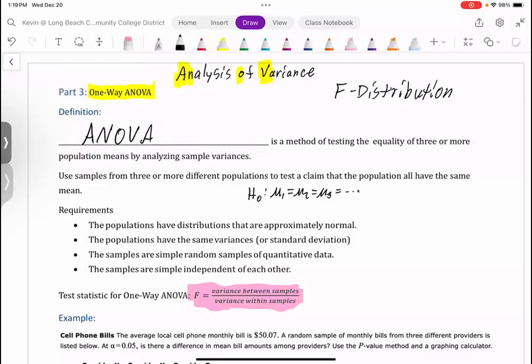The alternative hypothesis is at least one mean is different from the other.